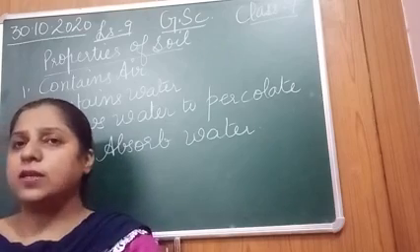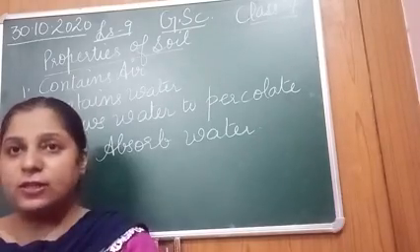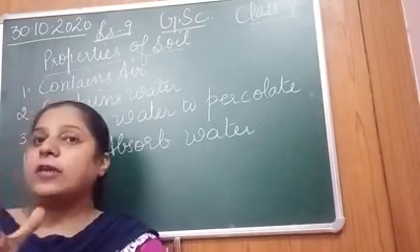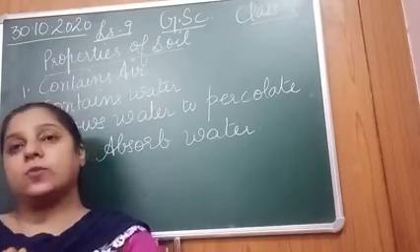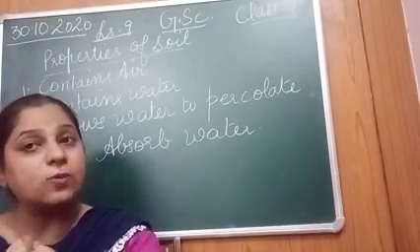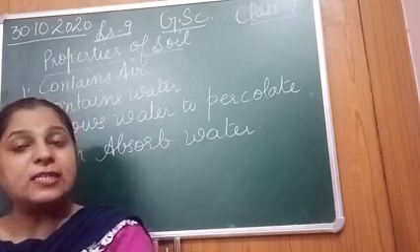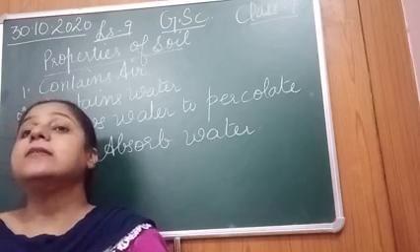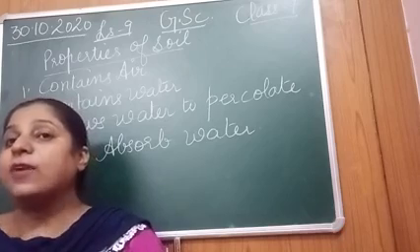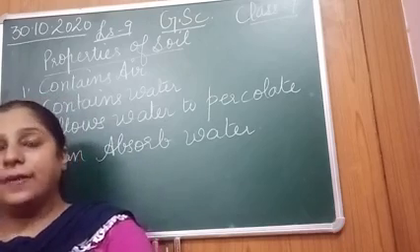From where do these water droplets come? We didn't add any water. Actually, water was present inside the soil. When we heat the soil, the water present in the soil becomes water vapor.